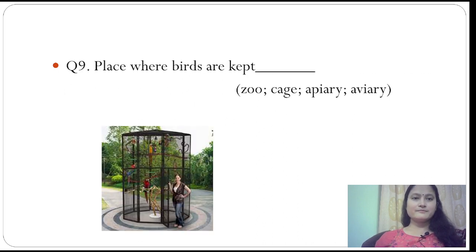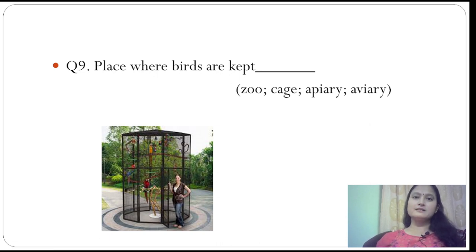Okay, so this is your autocrat. Next is the place where birds are kept. So the words people generally confuse are aviary and apiary. So when we talk about birds, the word is aviary. But if I say the place where bees are kept, that place is an apiary.